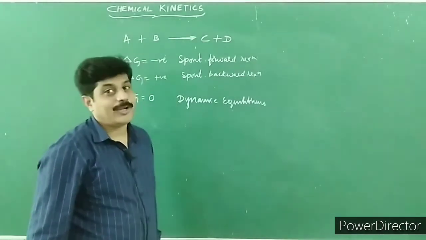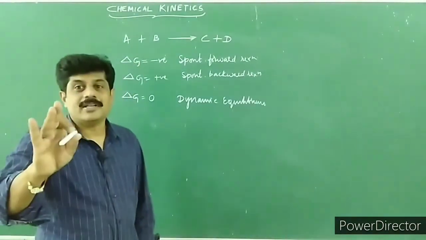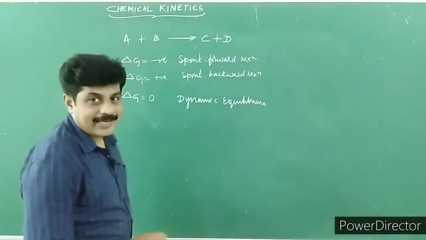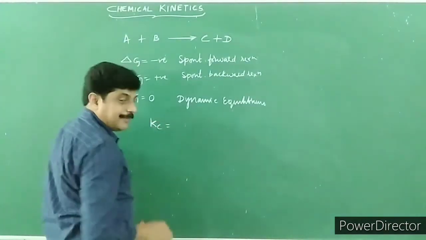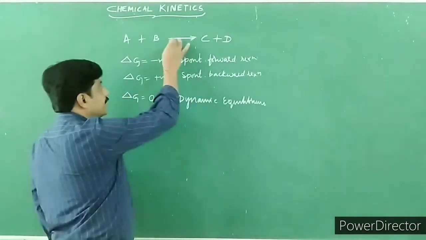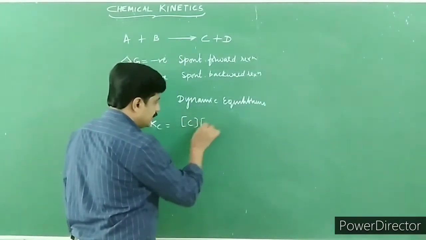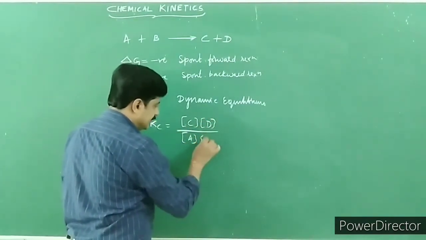Children, from the knowledge of chemical equilibrium, the extent to which the chemical reaction occurs can be assumed. Let me write the equilibrium constant by using chemical equilibrium knowledge for this reaction. Look at here, active masses of the product upon active mass of the reactant.